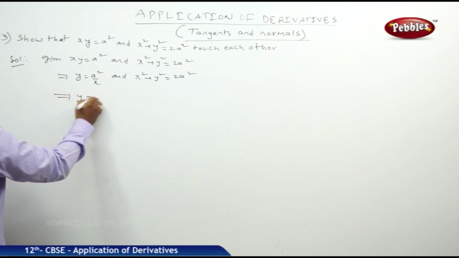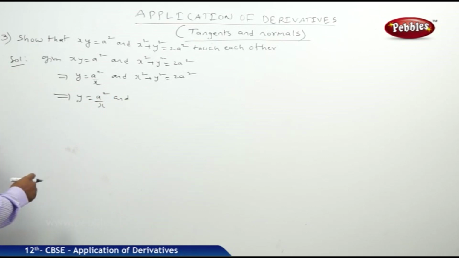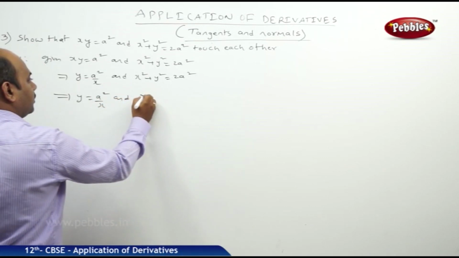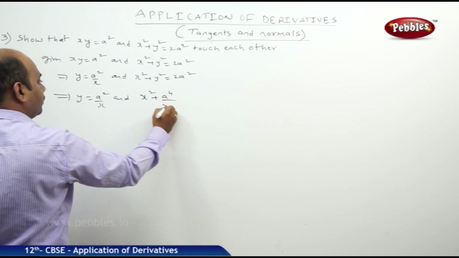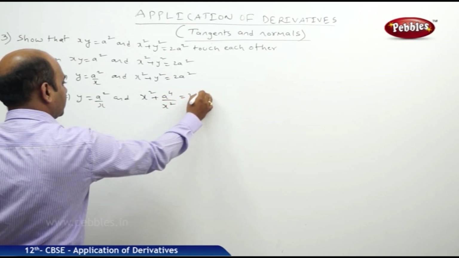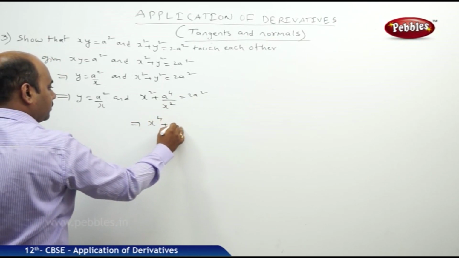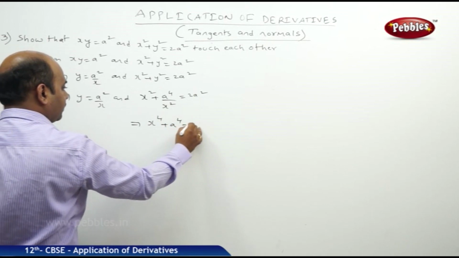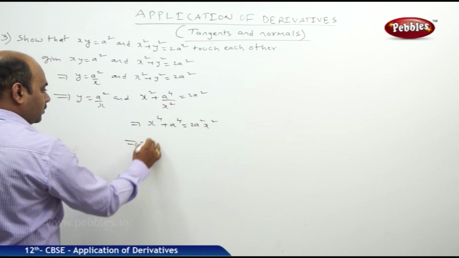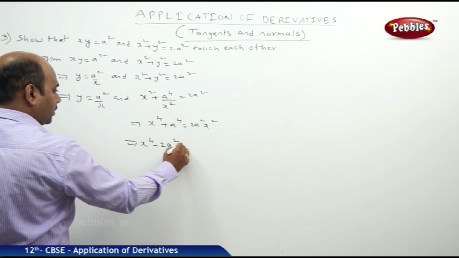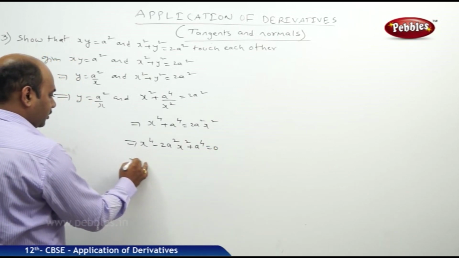So what happens? Y is equal to a square by x, and here I put this in, so it becomes x square plus a power 4 by x square is equal to 2a square. I will try to solve this. So x power 4 plus a power 4 is equal to 2a square x square. So x power 4 minus 2a square x square plus a power 4 is equal to 0.